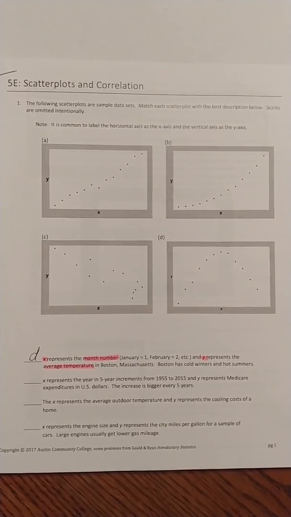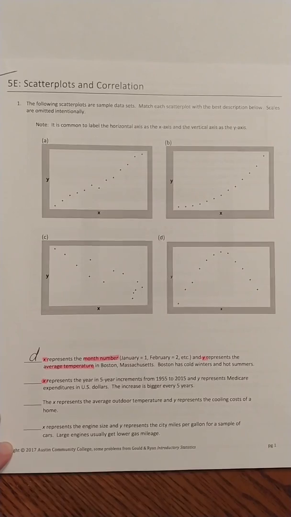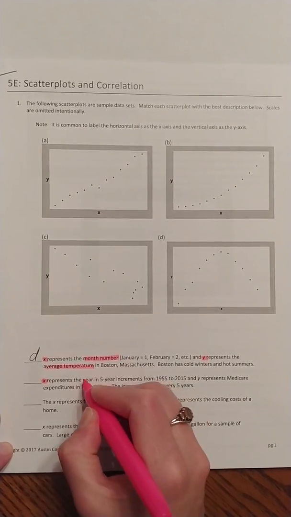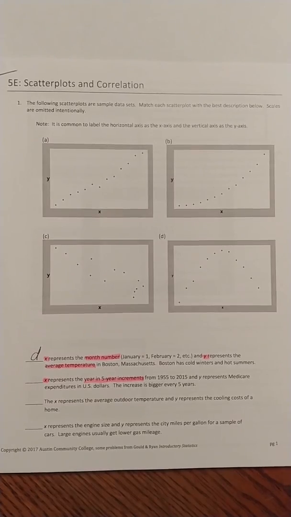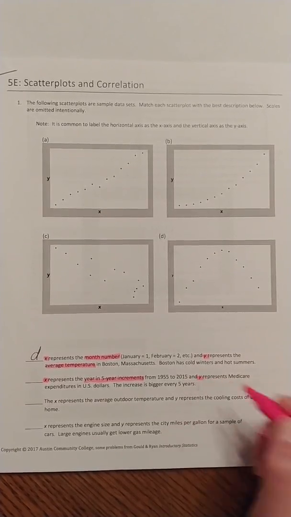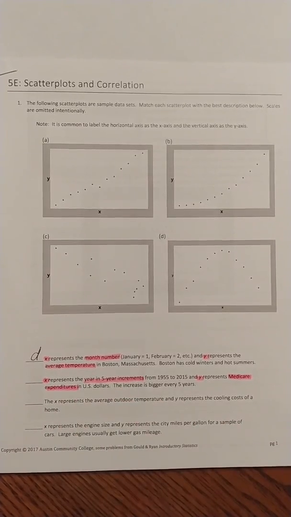It says x represents the year in 5-year increments from 1995 to 2015, and y represents the Medicare expenditures in US dollars. Here it says the increase is bigger every 5 years.